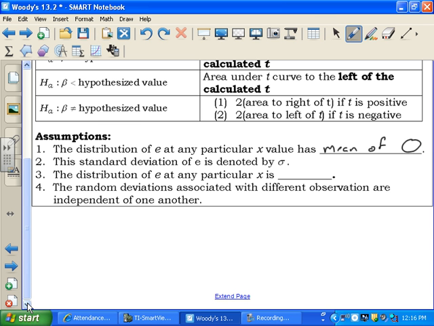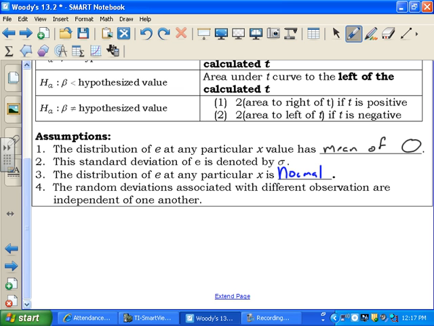Standard deviation of E is denoted by sigma. Also not concerned about that one. 3 and 4 are the ones that I want you to know. Distribution of E at any particular value of x is normal. This is an assumption. You're going to say that those errors around any x value are normal or approximately normal. And random deviations associated with different observations are independent.